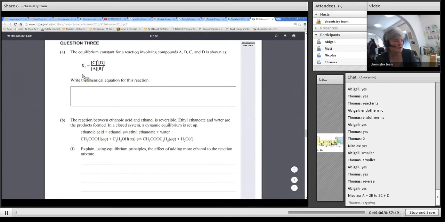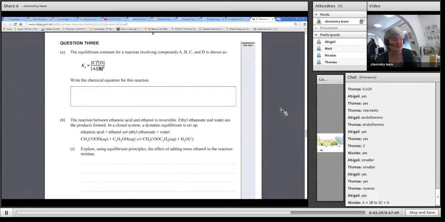Right, A plus 2B, correct, because that 2 is from there, and those are the reactants, goes to 3C plus D, brilliant. Remember to work it both ways, because a lot of people are used to being given the reaction and making the Kc expression, but you can be asked the other way around.